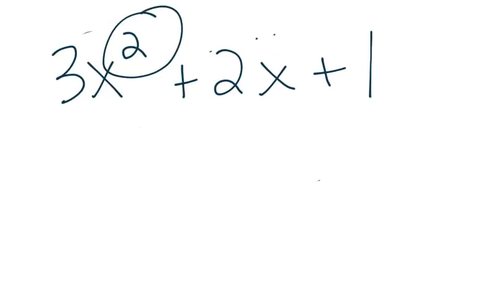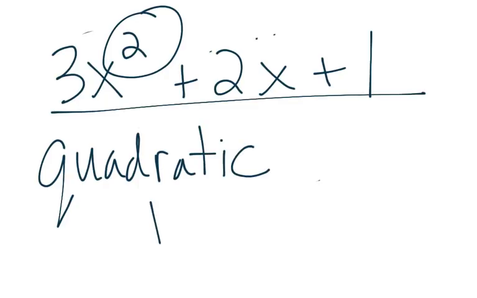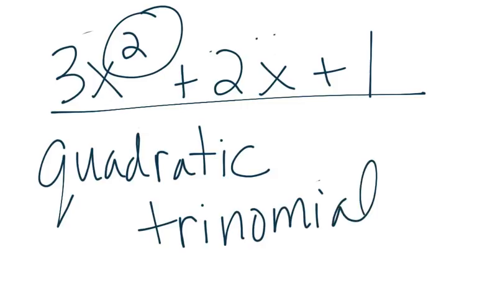I notice that there's a square, and since there's a square, that should make you think, oh, this expression could be a parabola shape, which means that it's a quadratic. There are 3 terms, so this is what's called a quadratic trinomial.